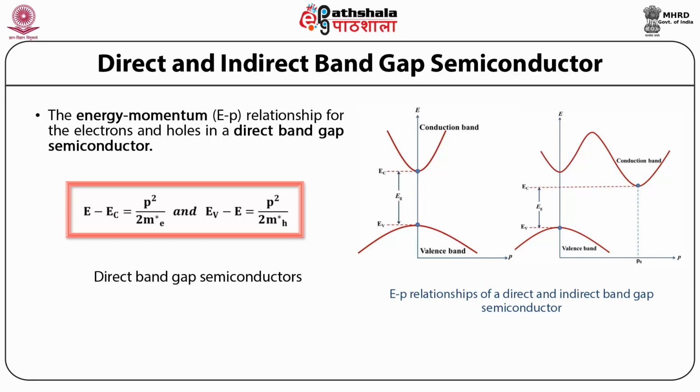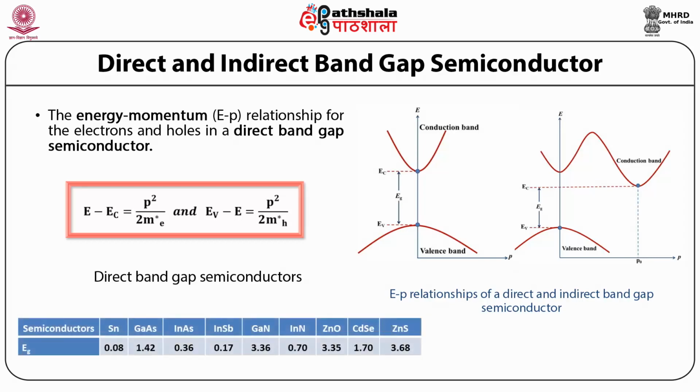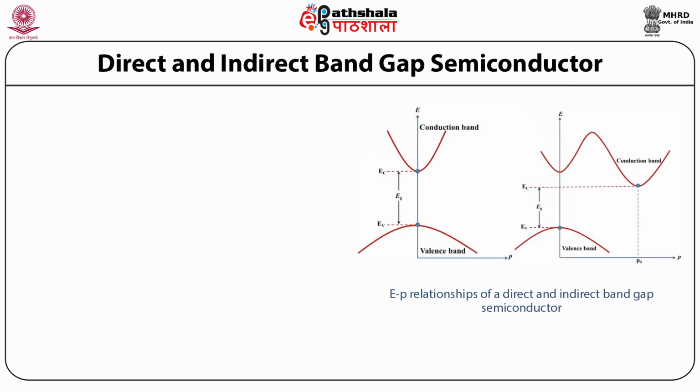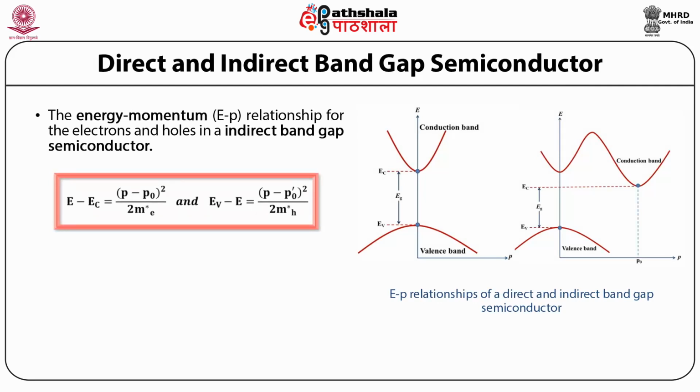Now, the energy and the momentum relationship for the indirect bandgap semiconductor is also being discussed. Before that, as you can see from this table, it shows various materials which have the direct bandgap. Now, coming to the indirect bandgap semiconductors, the energy and the momentum relationship for the electrons near the minimum of the conduction band is given by E minus EC equal to P minus P naught the whole square divided by 2 m e star.